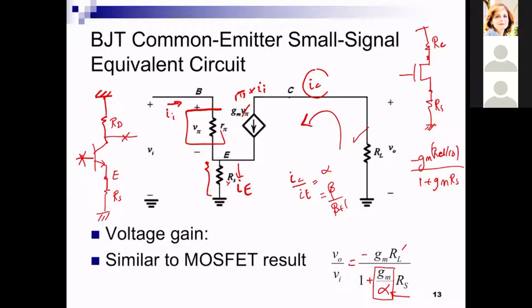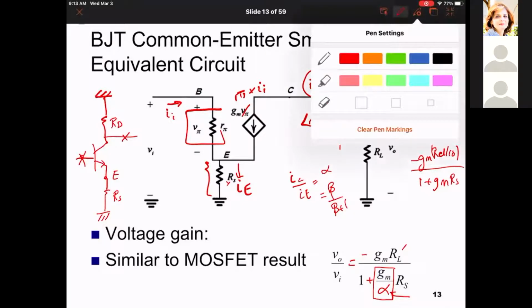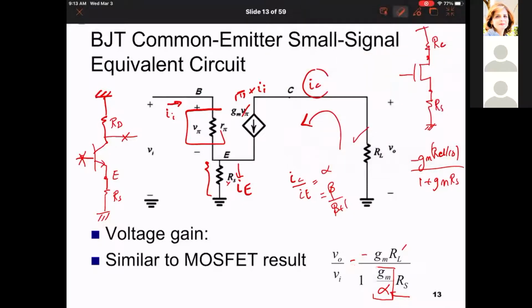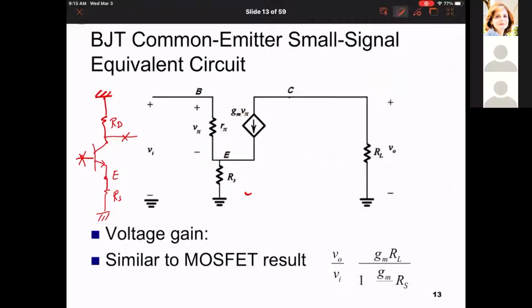Now for the BJT, the equation which we have in the sheet does not include RO. We do not derive it in the presence of RO. So in the voltage gain sheet it does not work like the MOSFET, where we gave you a complex equation where RO exists.